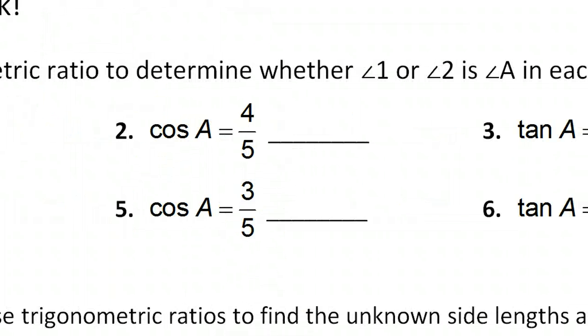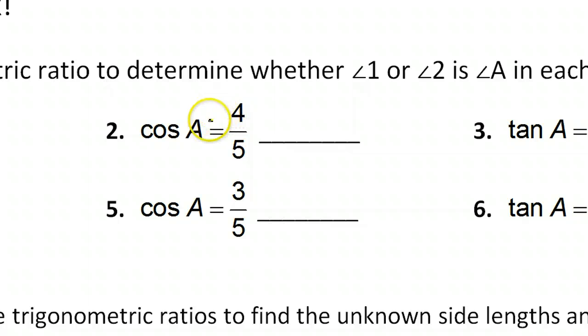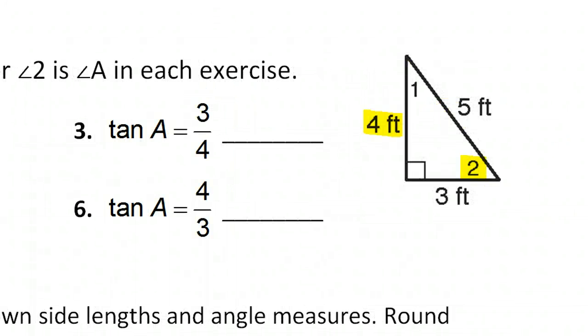So looking at problem number 2, cosine is the adjacent leg over the hypotenuse. So just focus on that: 4 has to be adjacent. So if 4 is adjacent, then we must be talking about angle 1, because 4 is adjacent to angle 1.